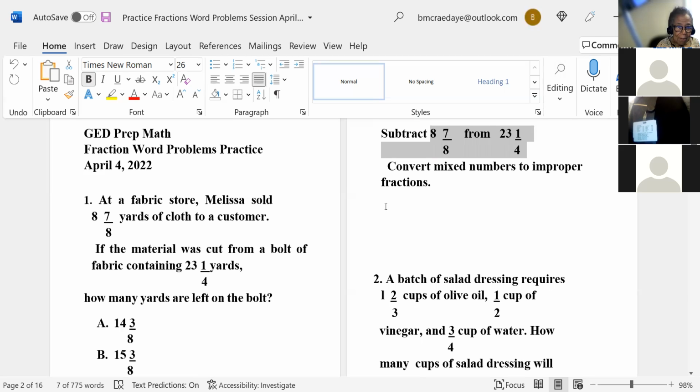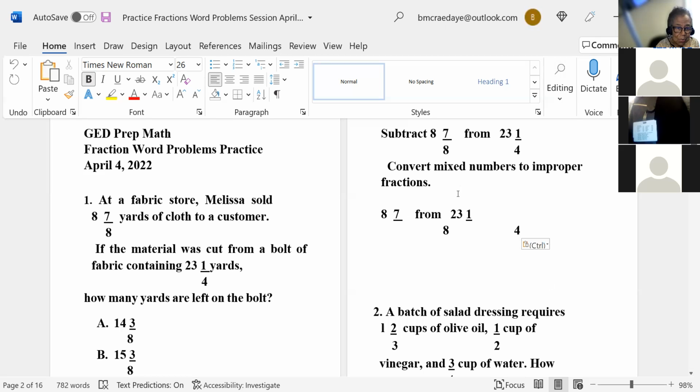Maureen, do you remember how to convert a mixed number to an improper fraction? You multiply, right? Multiply what? You're on the right track. Like if you've got 8 and 7/8, what would that be as an improper fraction?